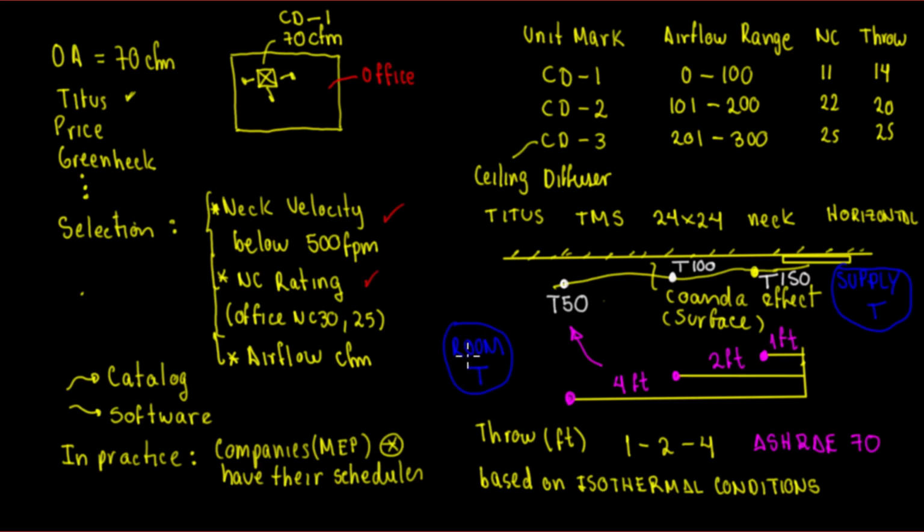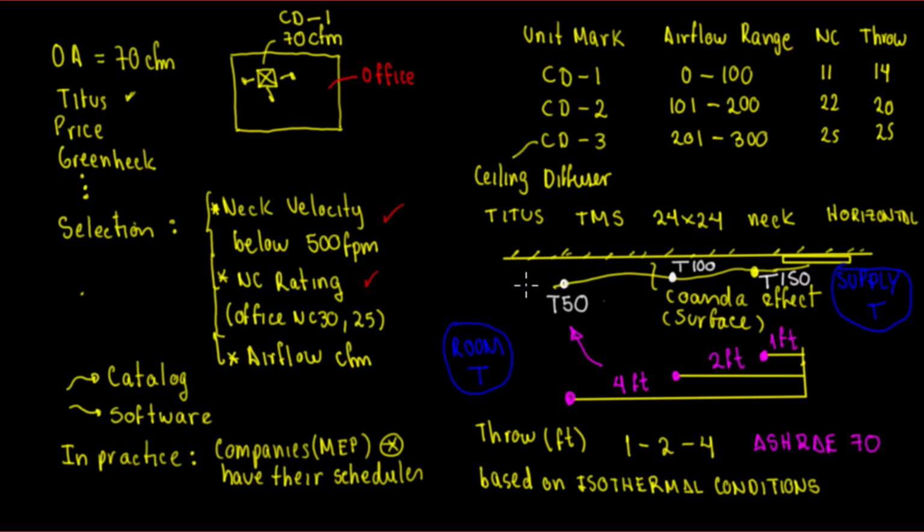However, ARI 70 is saying that they are equal. That's the assumption. That's why ARI 70 tells you it's based on isothermal conditions. And all of these performance data tables for air devices are based on ARI 70, all of them, and they say that these are equal. Now, in reality, it's not equal.